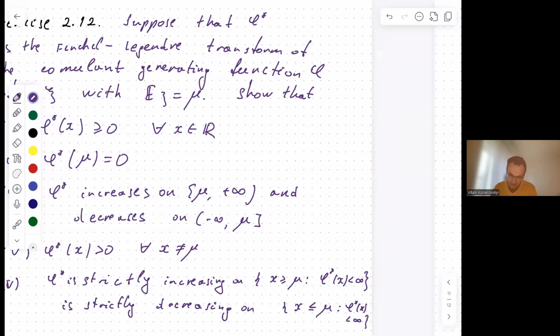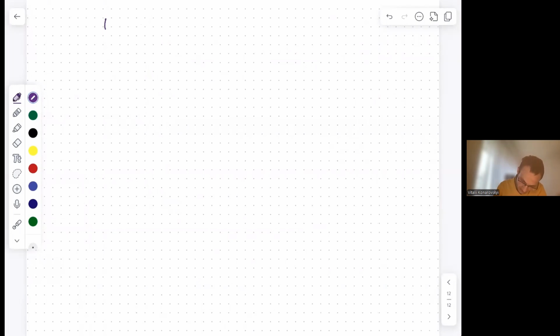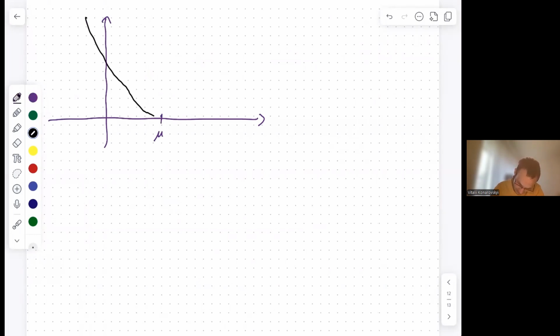So actually, when we consider the graph of the function and the point mu, the graph of phi star looks like that. It has to be decreasing here, and it is not a parabola. It is something like that.